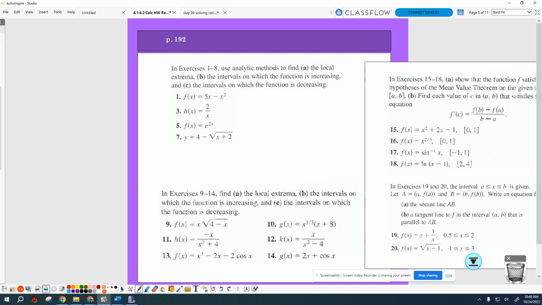Okay, today's homework is mean value theorem. There's a whole bunch of them, and I changed the directions, and they're on this sheet.